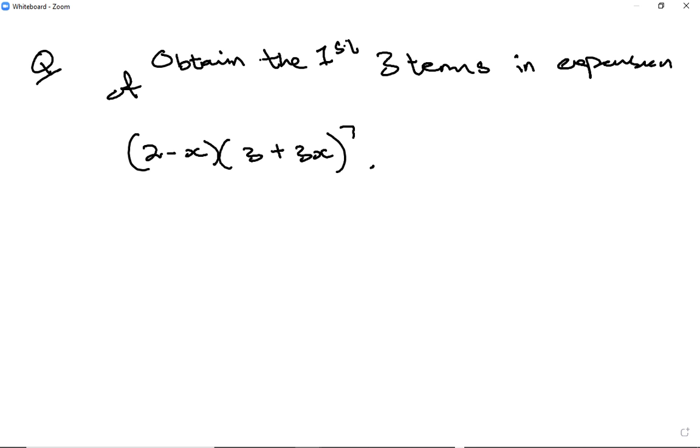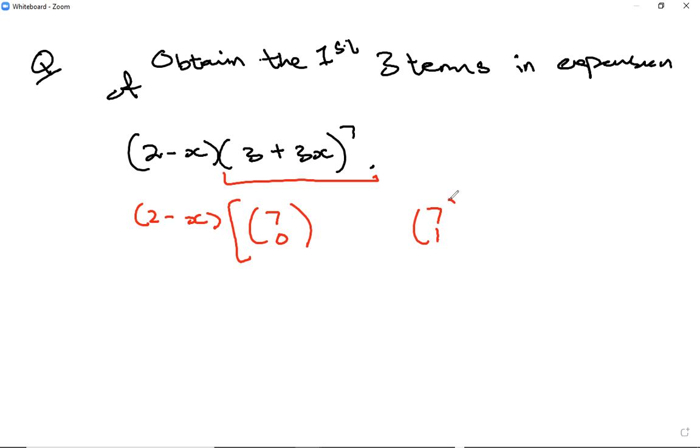So what you have to do is apply the binomial expansion to this one over here. Okay, so we keep the 2 minus x on the outside for now. And when we apply the expansion on this, remember it's going to be 7cr, but we're going to start with the first 3 terms, right? So 7c0, and we're going to have 7c1, 7c2, 7c3.